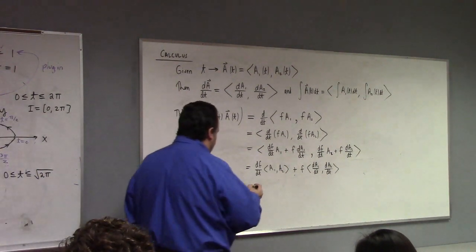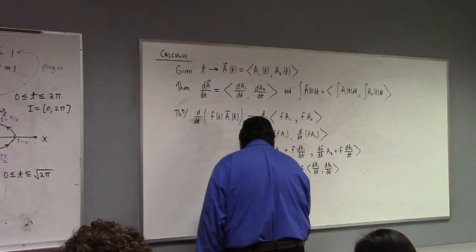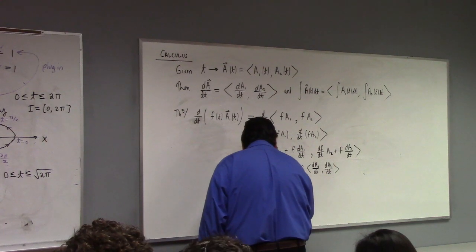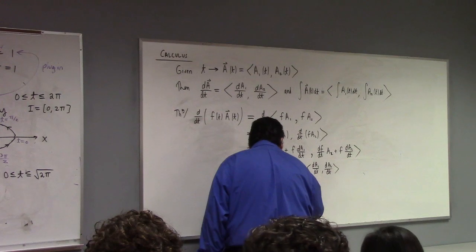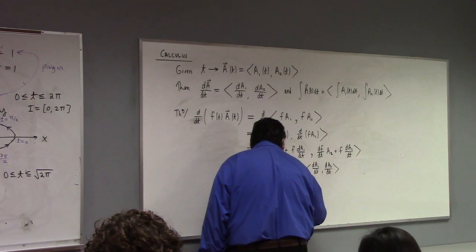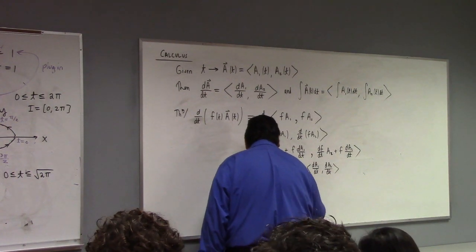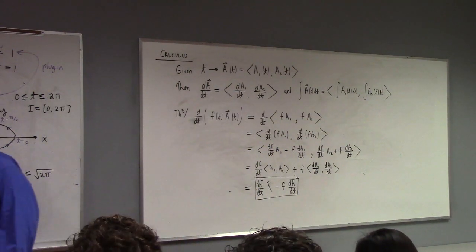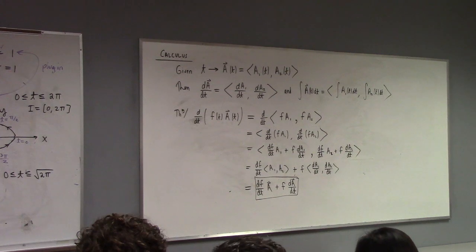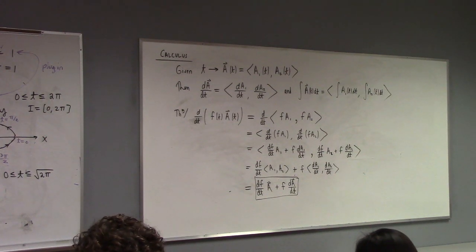So we've got df dt times a vector plus f times dA vector dt. Which is an extension of the product rule that you already know, but now for a function times a vector of functions.